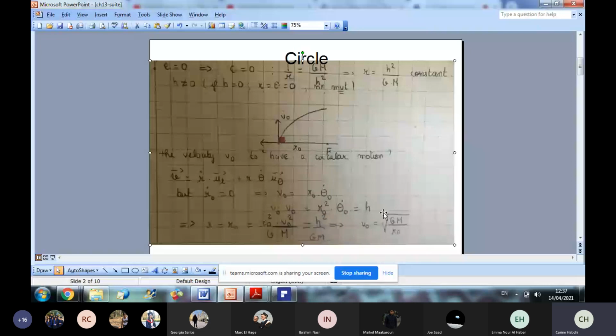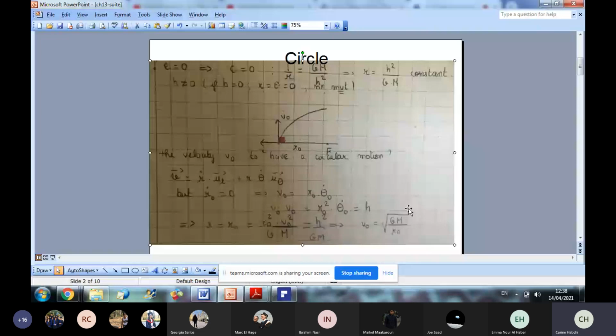So if I simplify the constant here, I have that v0 times r0 equals h. If I take r0 to the other side, then I can derive that in case of a circular motion, the relation between v0 and r0 is v0 equals radical gm over r0.